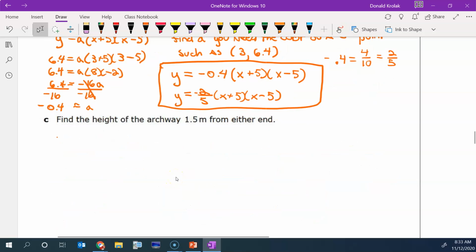So my x coordinate is going to be 5 subtract 1.5. That's one x coordinate. And then the other x coordinate, the one on the left, would be negative 5 plus 1.5. So 3.5 and negative 3.5.